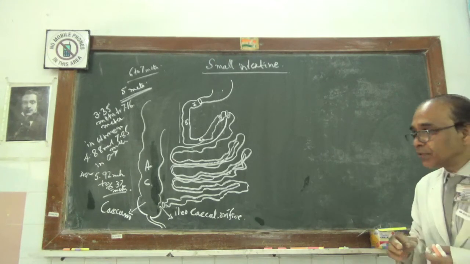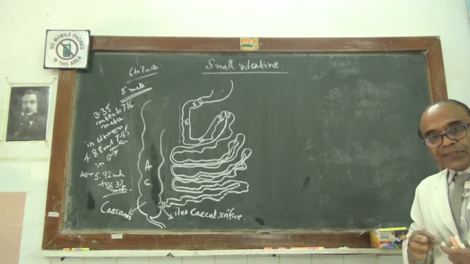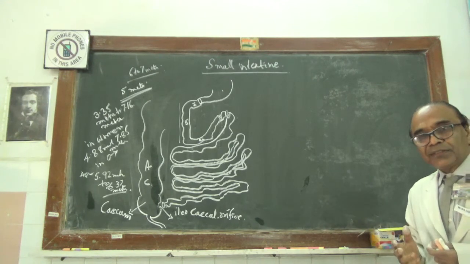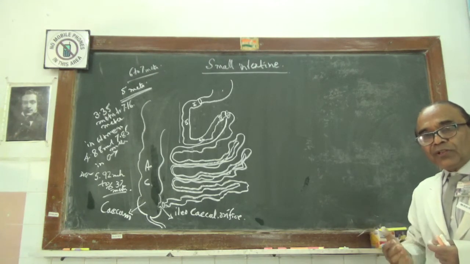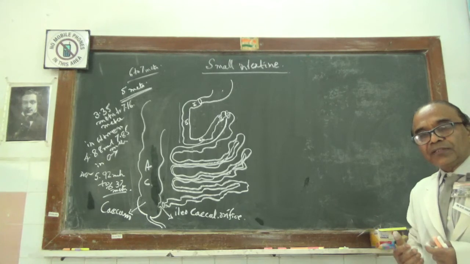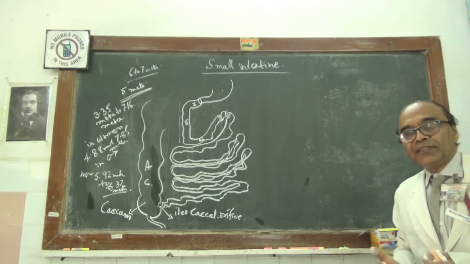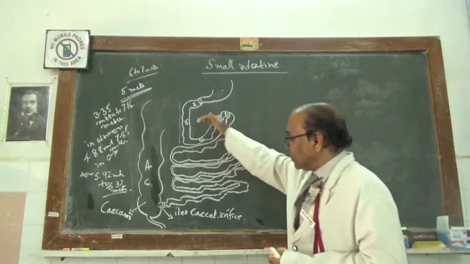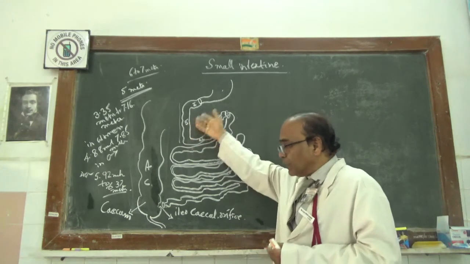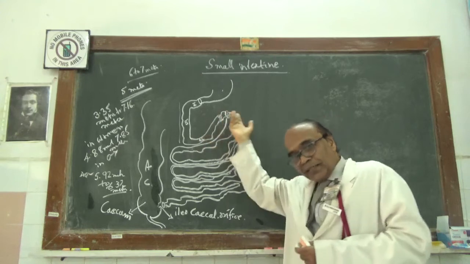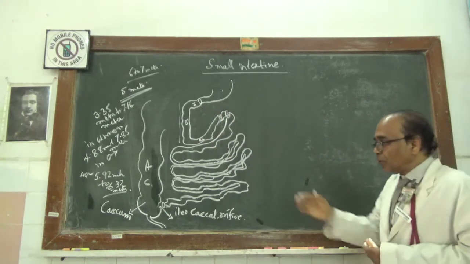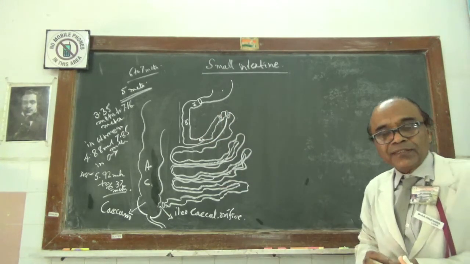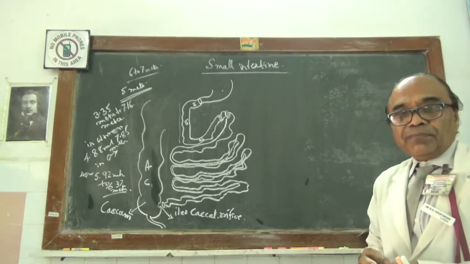Now this small intestine lies mostly in the infracolic compartment, and part of it is present in the supracolic compartment, behind the transverse colon and the transverse mesocolon. Majority of it is in the infracolic compartment.